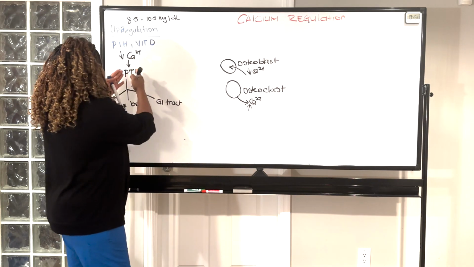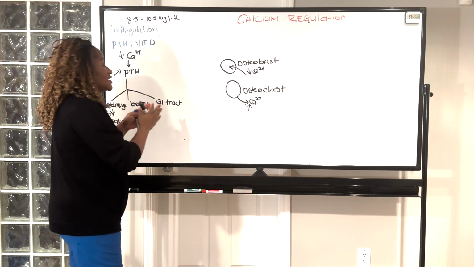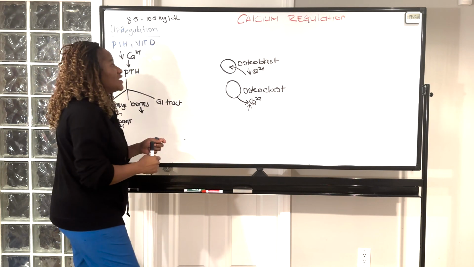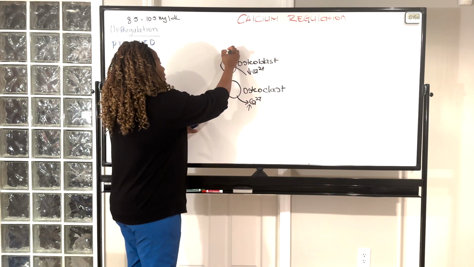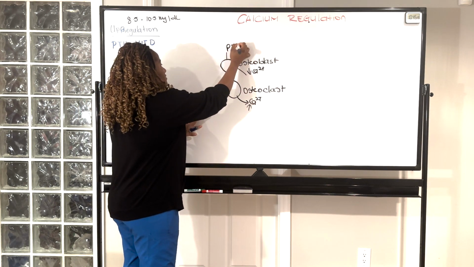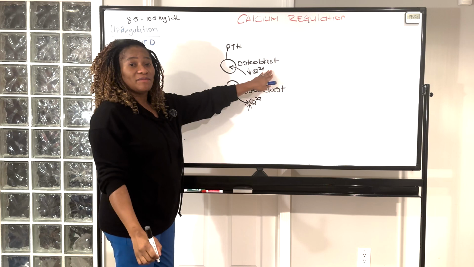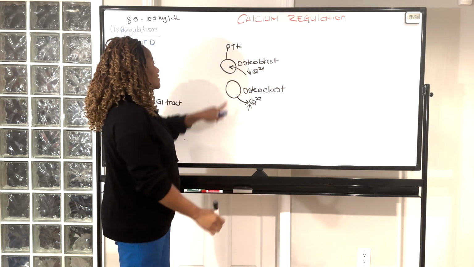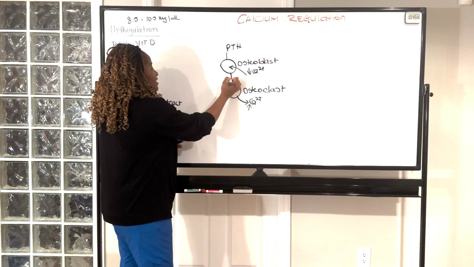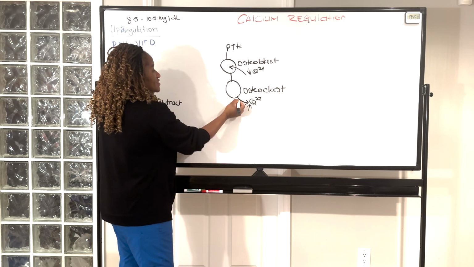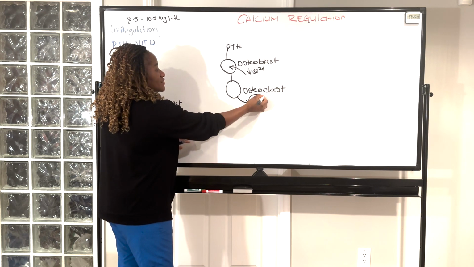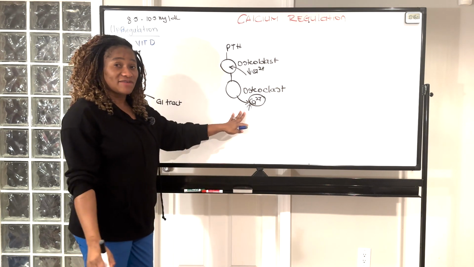So when I say the parathormone is going to act indirectly on the bone, the parathormone is going to bind to the osteoblast, and these osteoblasts are going to stimulate the osteoclast, and these osteoclasts are going to release the calcium, increasing our level of calcium.